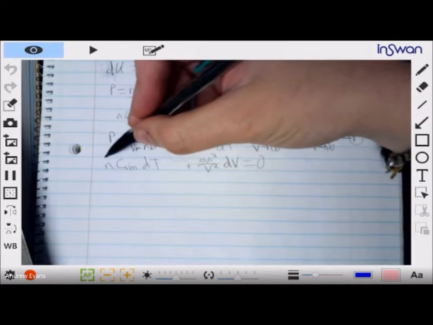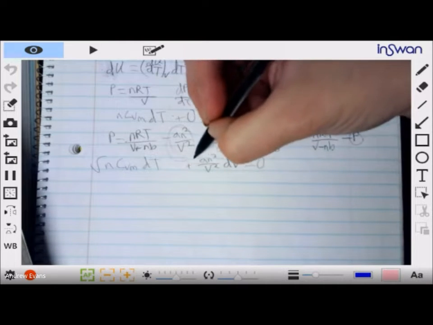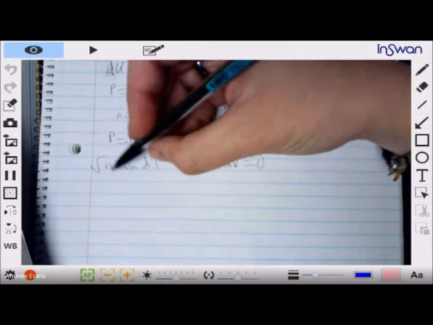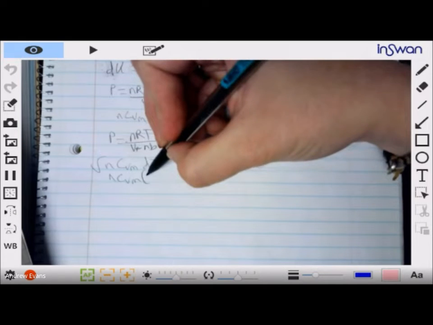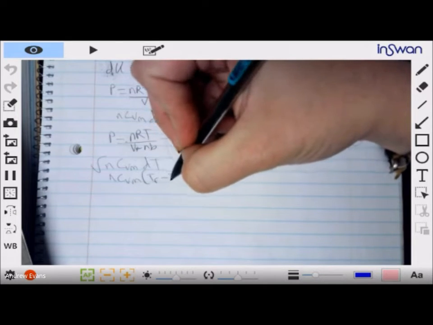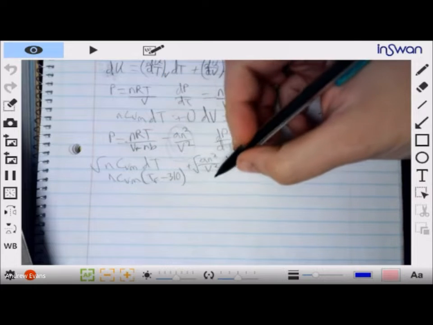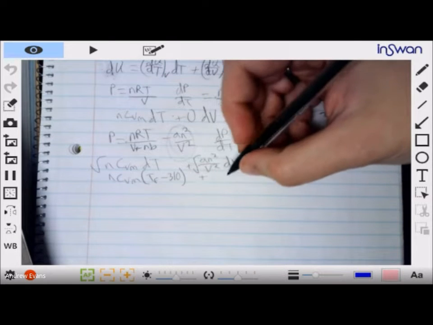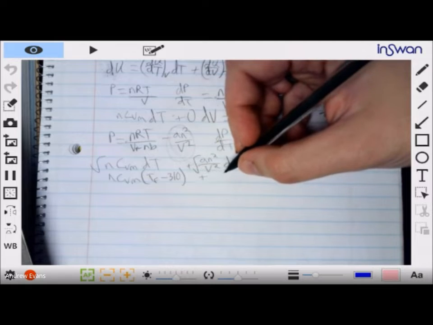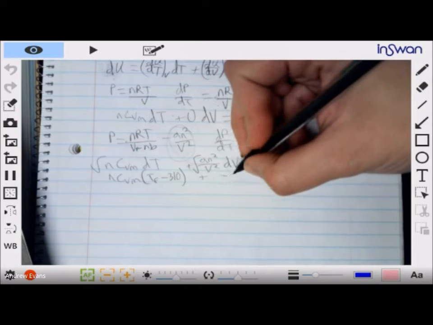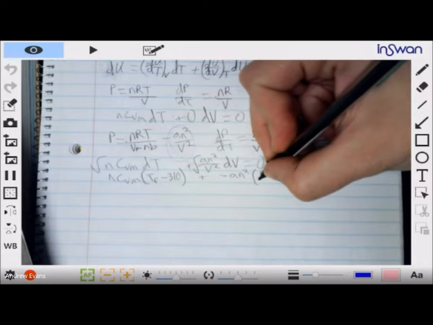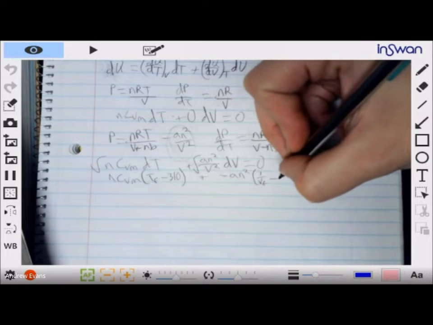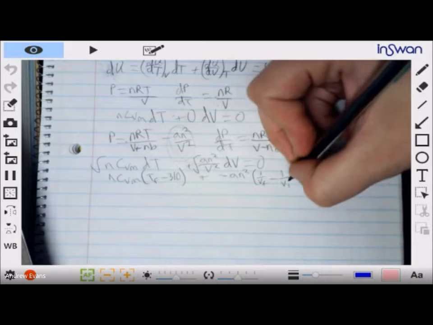So integrating both sides, we come up with n C sub V sub m times TF minus 310 plus, the integral of that would be, negative an squared times 1 over VF minus 1 over VI, I do believe.